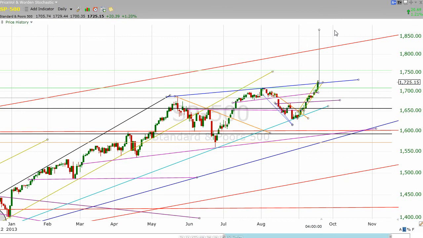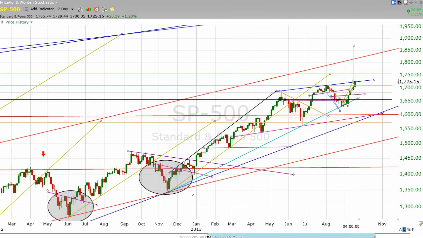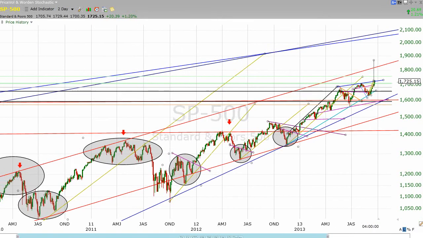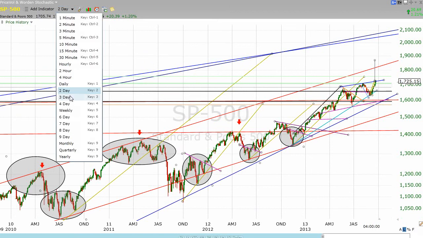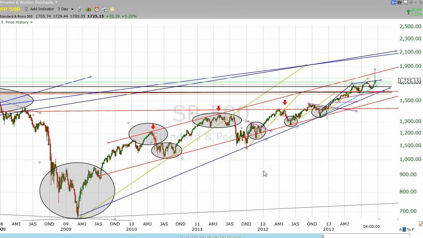Now what makes this even more interesting is that in order for us to get there, the S&P would have to rally over the top of this red line that has a pretty decent history, at least going back to these two tops back here, which were significant tops in 2010 and in 2011. So really interesting stuff going on here.